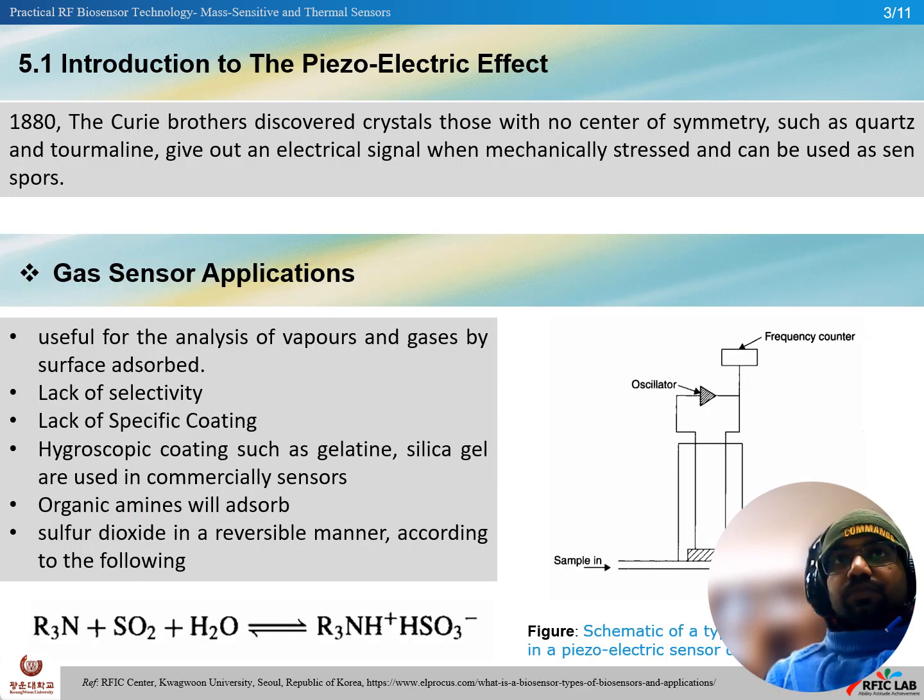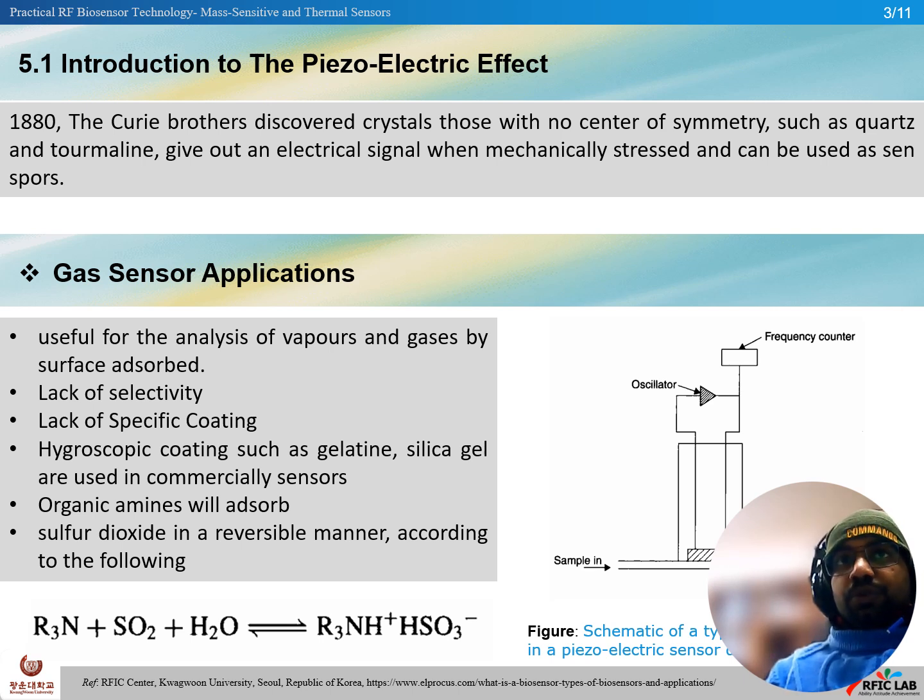Now, what is the piezoelectric effect sensor? The piezoelectric effect is the effect where, when we apply pressure, it is converted into electrical signal. It means that when we apply mechanical force, it will convert into an electrical signal. Actually, this was introduced in 1880.